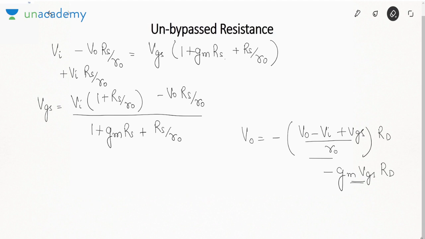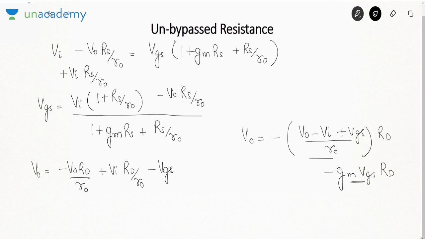So let us simplify this. V0 minus V0 RD by R0. Okay. Plus Vi RD by R0 minus VGS RD by R0 plus gm RD. Now you can substitute the value of VGS. If you substitute the value of VGS in this expression, you will get a relation between V0 and Vi.